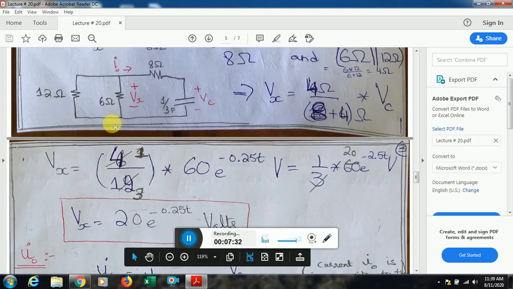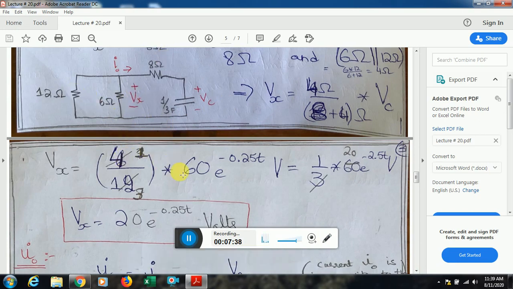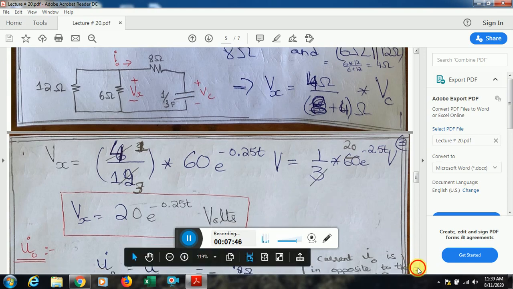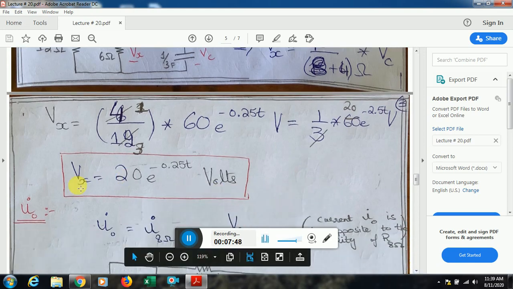So by voltage divider rule, the parallel equivalent is now 4 ohm divided by 4 plus 8 into the applied voltage of the capacitor, which is 60 e raised to power minus 0.25t. We get to know that the value Vx across this terminal is 20 e raised to power minus 0.25t.